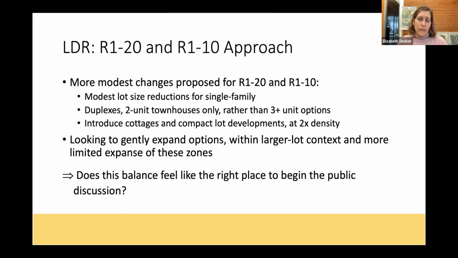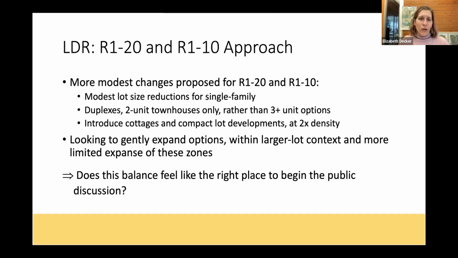And so rather than proposing the same range of middle housing in those zones, we're proposing to include some modest lot size reductions for single family, but to limit the middle housing proposals to adding duplexes and 2-unit townhouses. And that 2-unit townhouse, the idea there being that it creates a home ownership option rather than a duplex that might be more like a rental. So an opportunity for separate lots there.